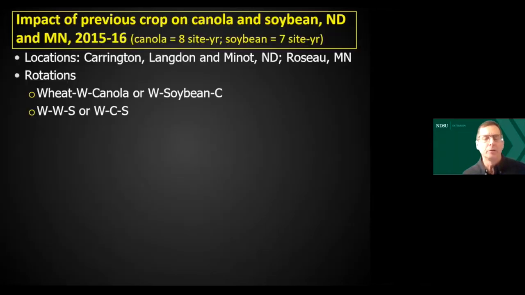In North Dakota and Northwest Minnesota, there was some work done looking at crop sequences a few years back. They included either 7 or 8 site years of data, looking at canola response following either wheat or soybean, and then also looking at soybean response following canola as compared to wheat.